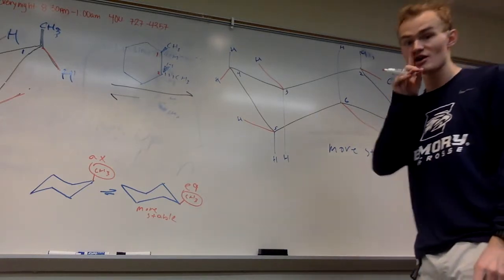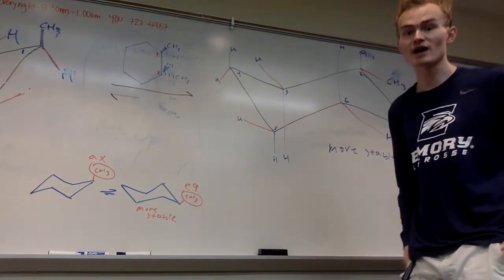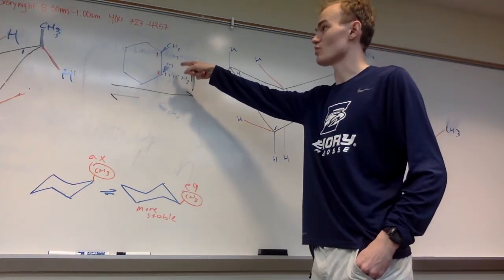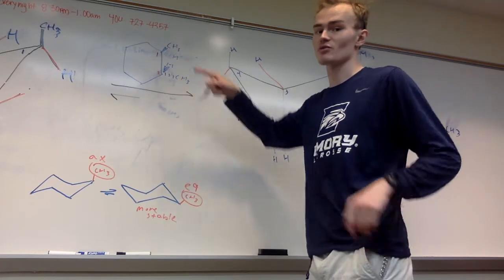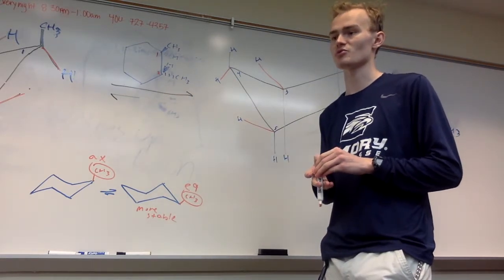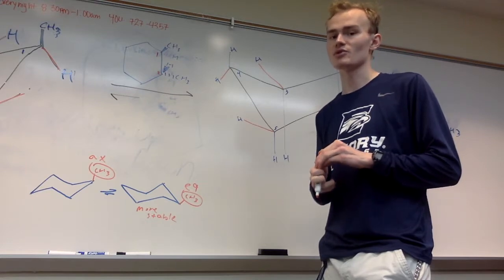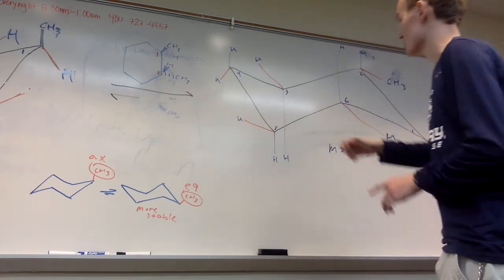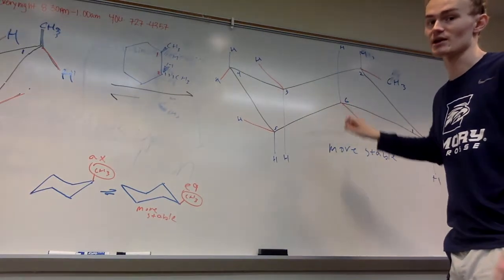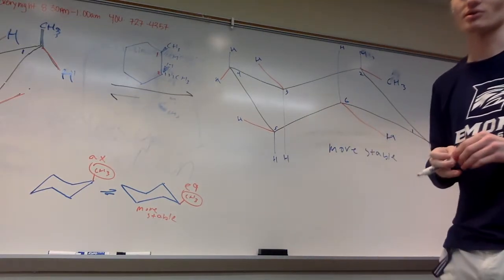So that means that trans-1,2-dimethylcyclohexane is always more stable in this conformation, which is the left-leaning conformation.